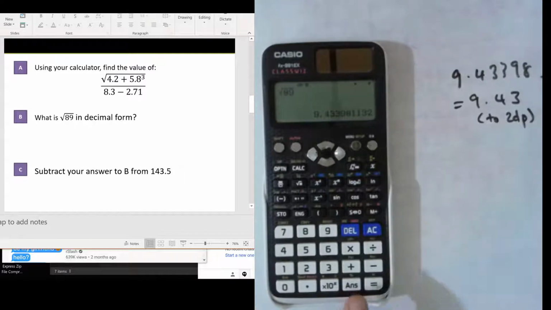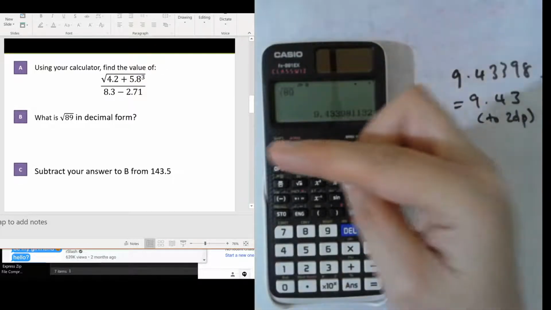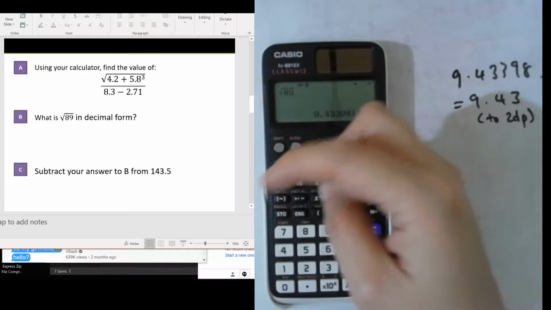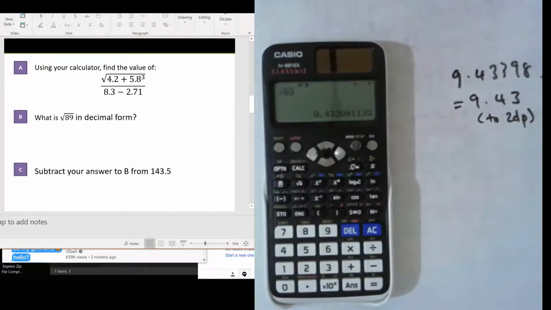But you also have a memory key, which is your answer button, okay? That answer button is absolutely crucial when it comes to these types of questions, especially when you have a question that has, say, about 5 parts and you need to use the part from previous. This answer button is amazing, okay?